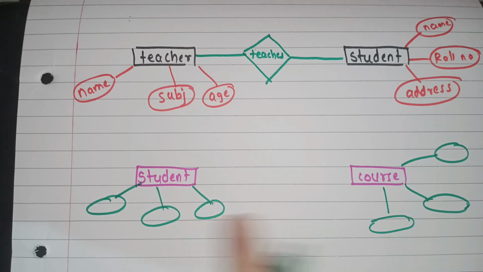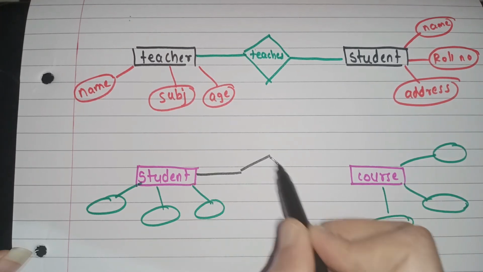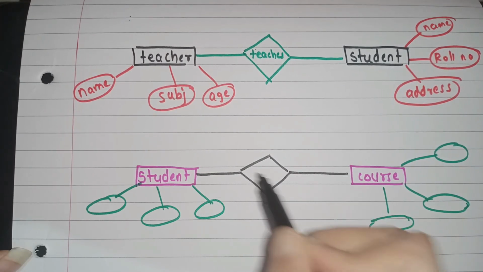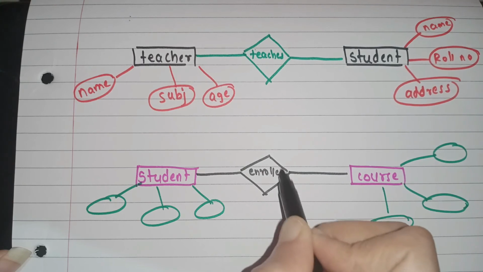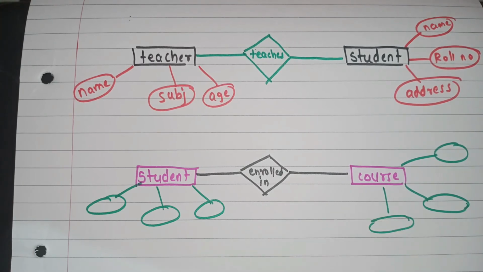Then the association between these two different entities, we will say the student enrolled in course. So student and course, these entities are connected by enrolled in relationship.